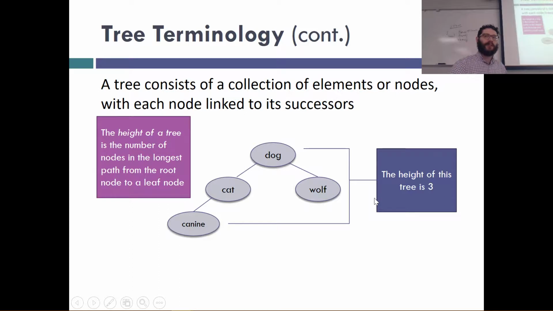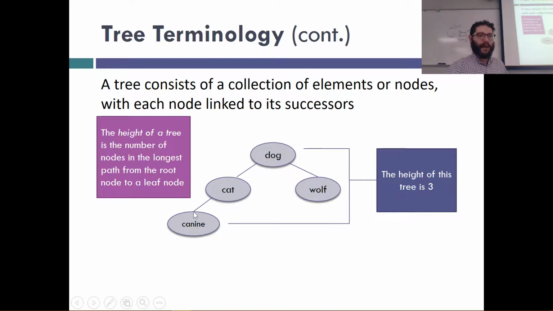It's a recursive definition. I have 2 children, and both my children happen to be trees. Make sense? I mean, there's not really a way for this not to work if you're working as a data structure. Yes. The cat only has one child, right?